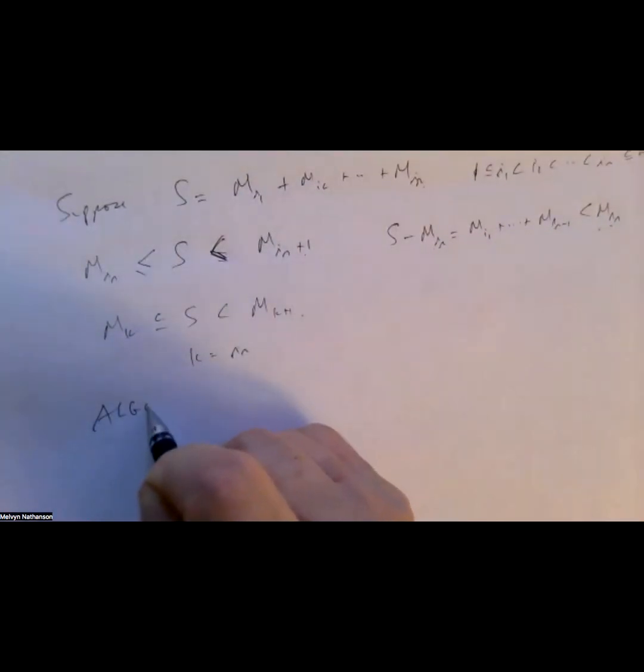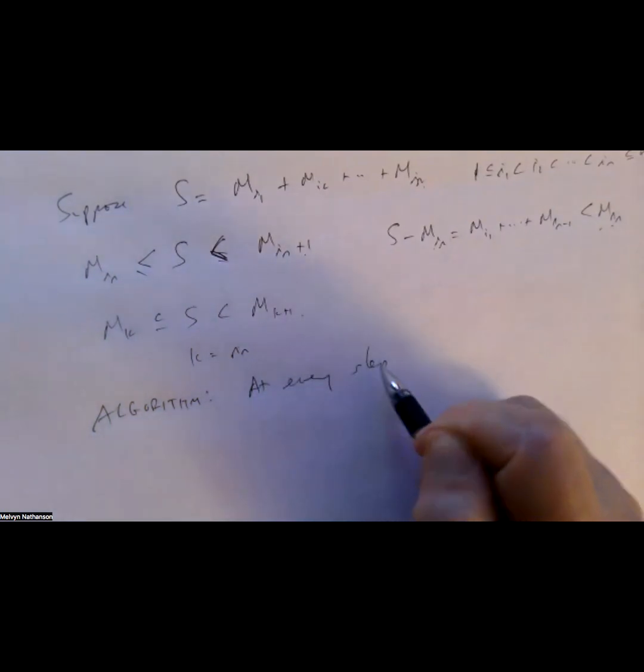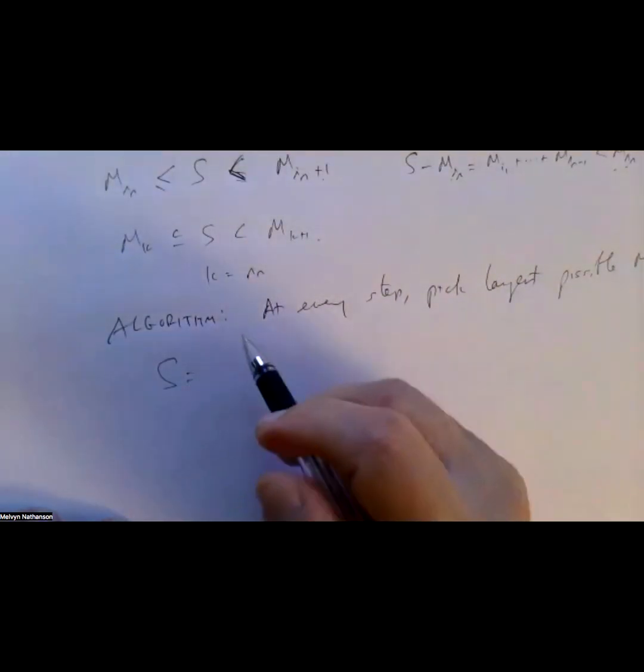So the algorithm is, at every step, pick the largest possible m sub i. So I have s is this sum.